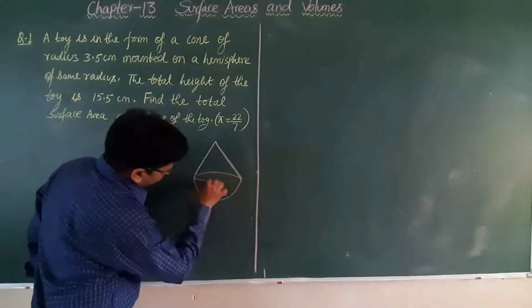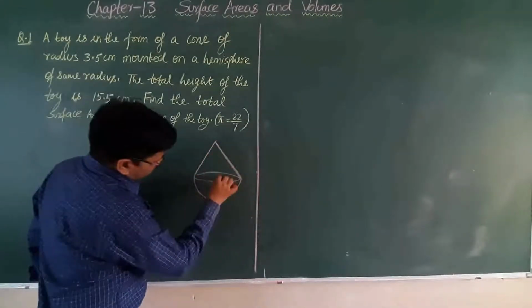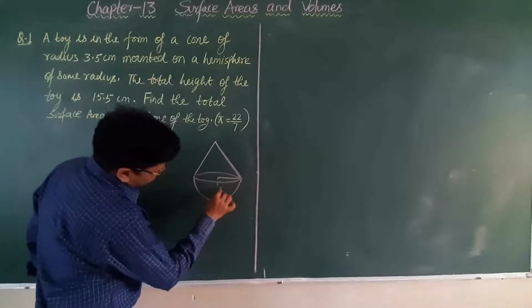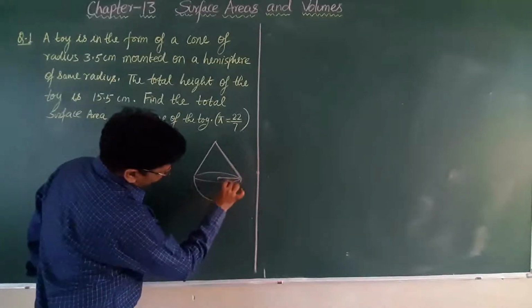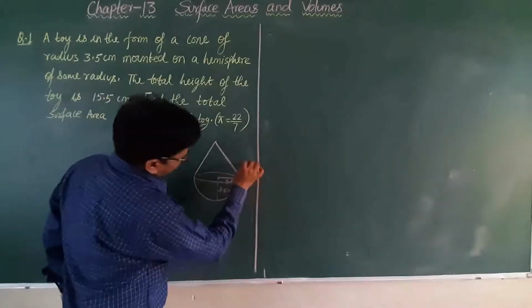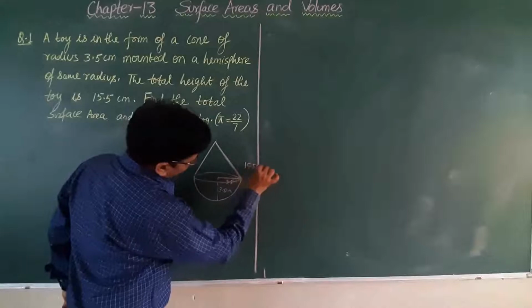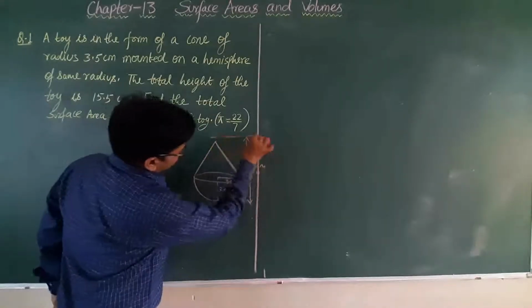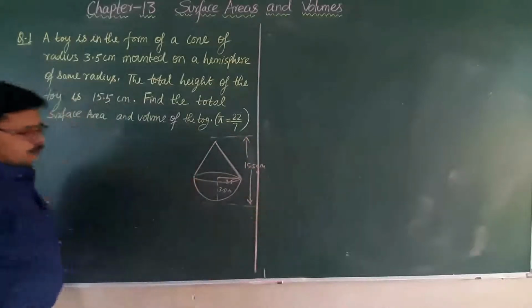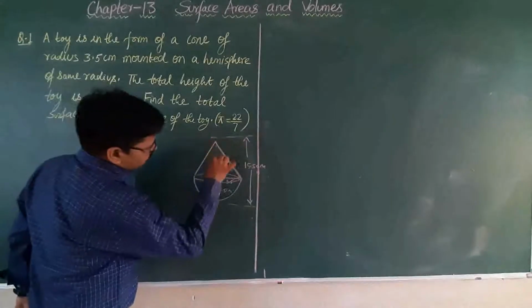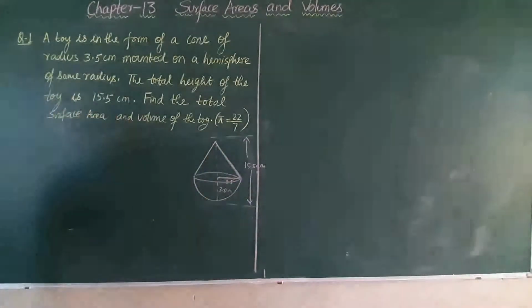The radius of the cone is 3.5, and the same radius is for the base of the hemisphere, and the total height for the complete toy is 15.5 centimeter.